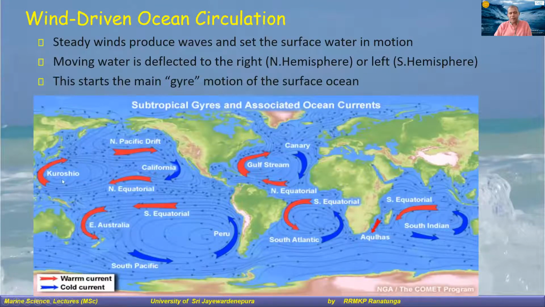Did you see that it is sort of a circular movement? And even here, all these different ocean currents have names, like the Kuroshio current, California current, North Pacific drift. You don't have to memorize these things, just recognize different currents. They are given names. Gulf Stream, Canary currents, likewise.